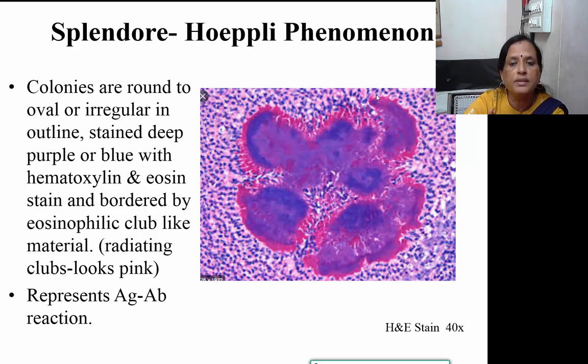So colonies are round to oval or irregular, I told you. So they stain deep blue. Color is important. This is deep blue with, of course, H&E stain only, bordered by eosinophilic club-like material that represents Splendore-Hoeppli phenomenon.